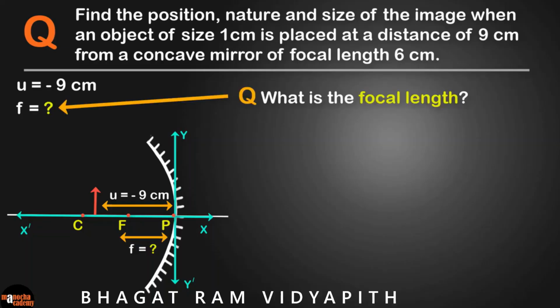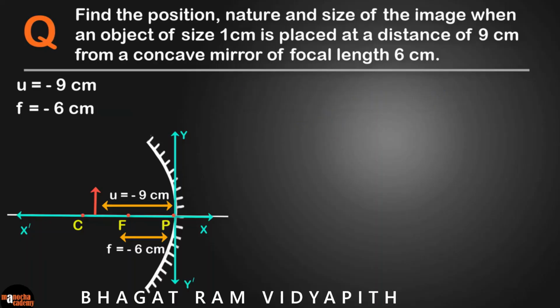Plus 6 centimeters or minus 6 centimeters? That's right, f is equal to minus 6 centimeters. Since the object is along the positive y-axis, object height h is equal to plus 1 centimeter. We need to find the image distance and the image height. Since these are unknown to us, we don't have to worry about their sign.